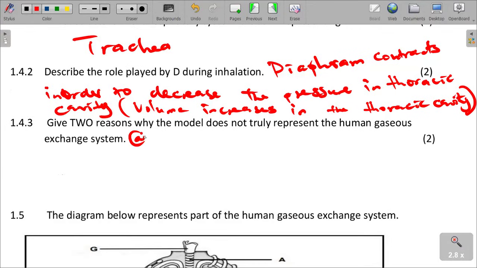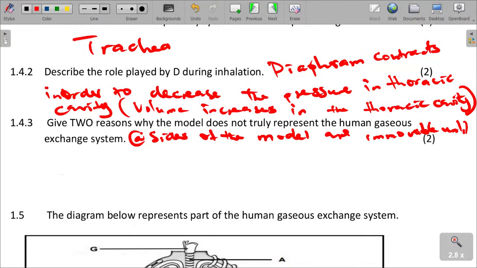We need to agree that the size of the model is immovable, unlike a human chest that can move up and down.